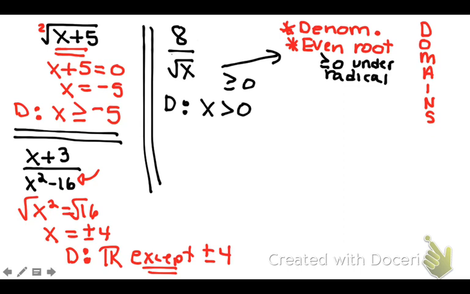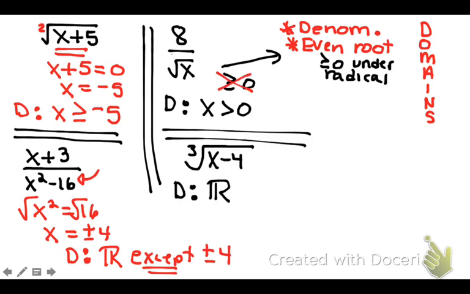We cannot include the equal to bar. This final example concerning domain shows that because there's no denominator and the root isn't even, it's odd, our domain will be all real numbers. Now we'll go back to looking at more function examples.